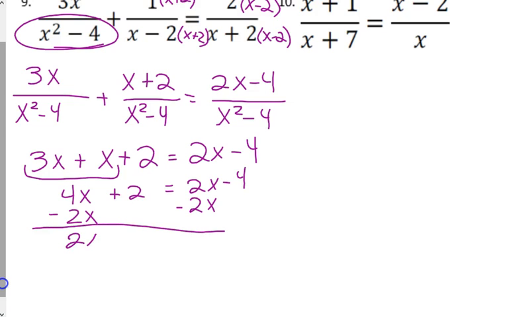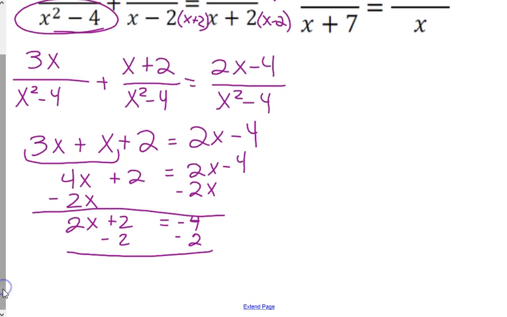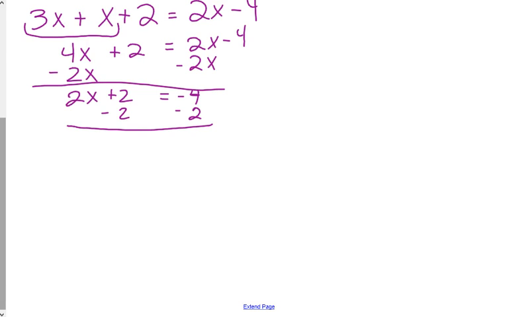So that gives me 2x plus 2 equals negative 4, minus 2 from both sides. And we're going to have 2x equals negative 6. Divide both sides by 2. And x equals negative 3.